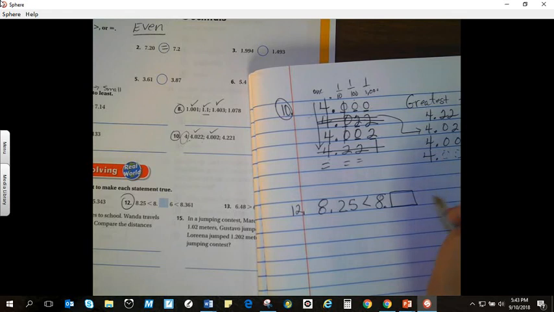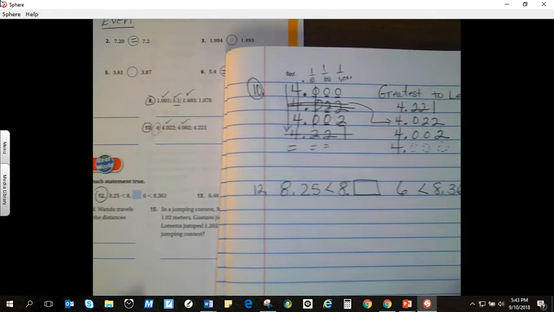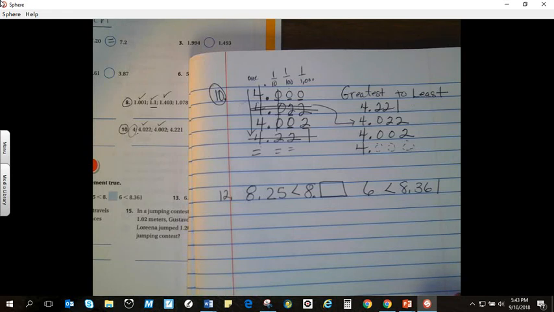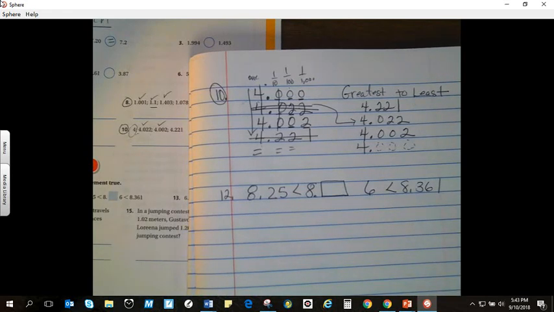And then you have 6, which is less than 8 and 161 thousandths. All right, so what number could we put in there?